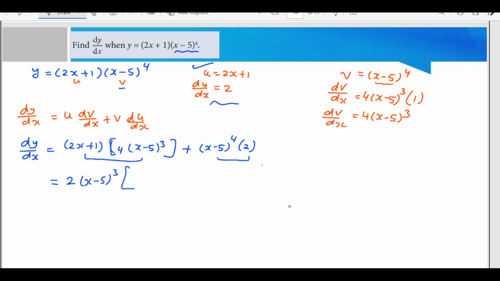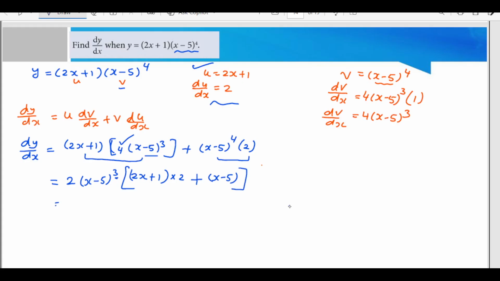What I will be left with is (2x + 1) times 2, since I have taken 2 out of the 4. Then from the second term, plus (x - 5)^4, with the 3 gone out we will have only 1 left, and 2 is also gone out.